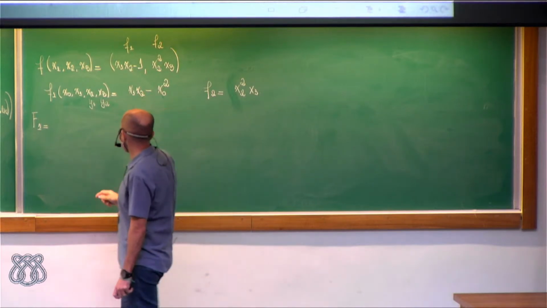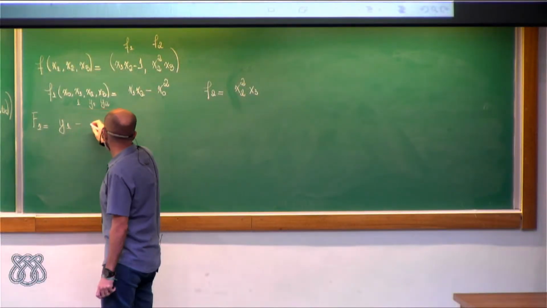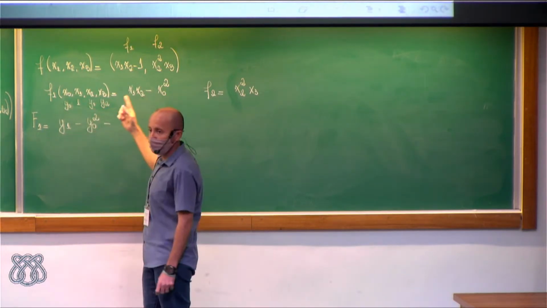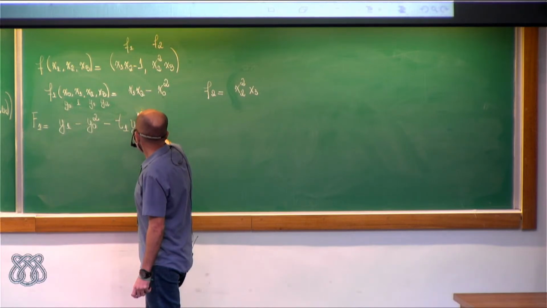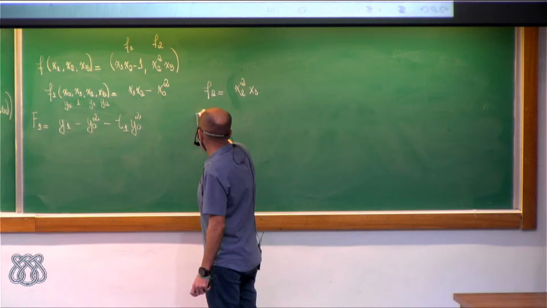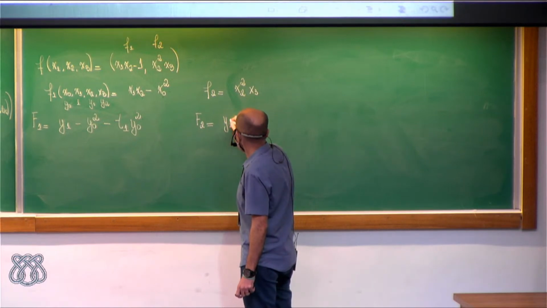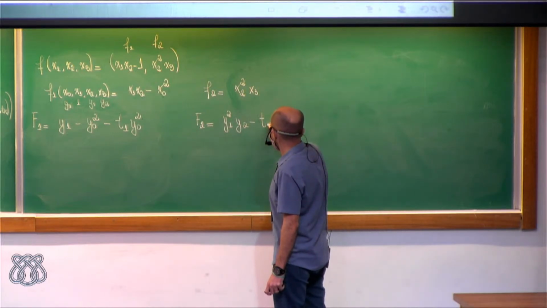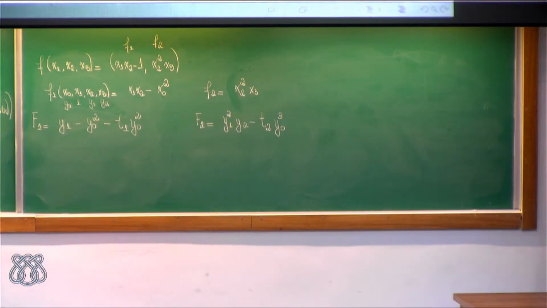So x1, x2, here 1 is y1 minus y0 squared, minus, the degree is 2, so it's t1 y0 squared, and f2 is y1 squared, y2 minus, the degree is 3, t2 y0 cubed. This is f1, f2, like that.